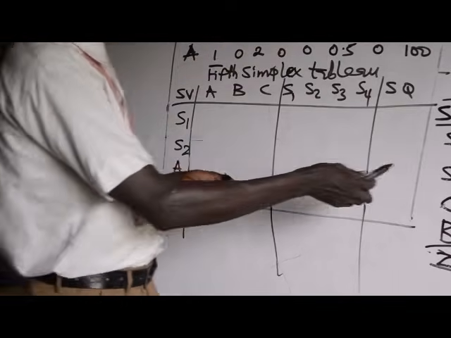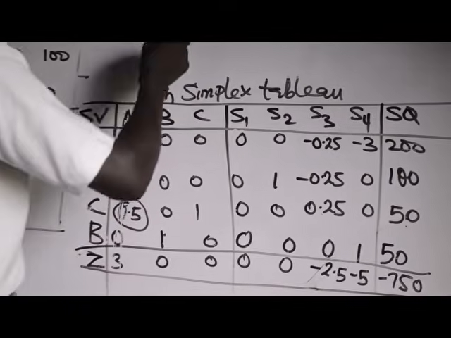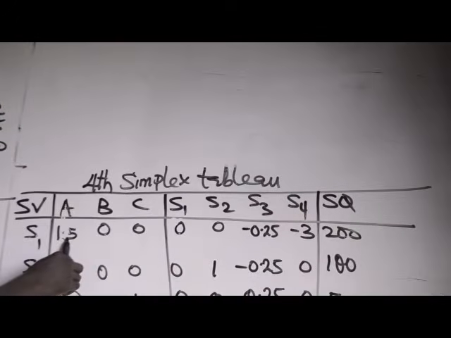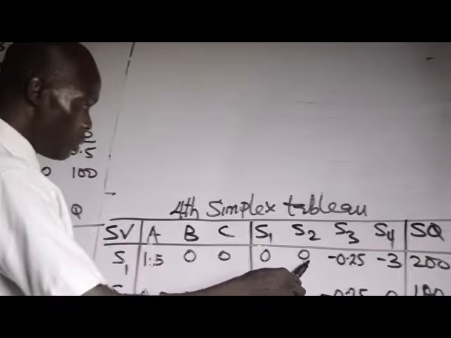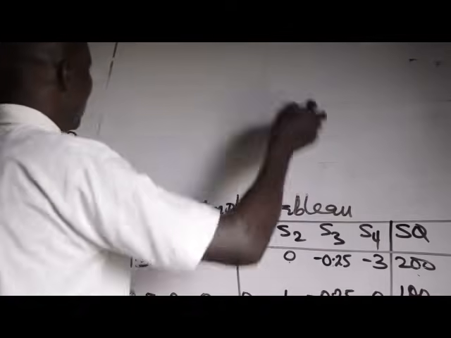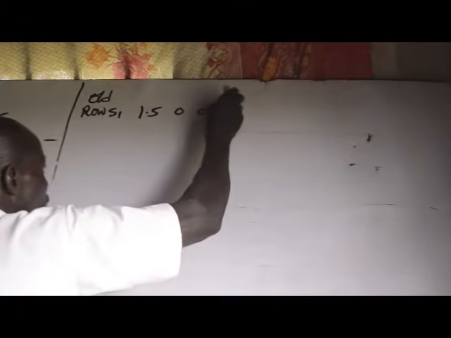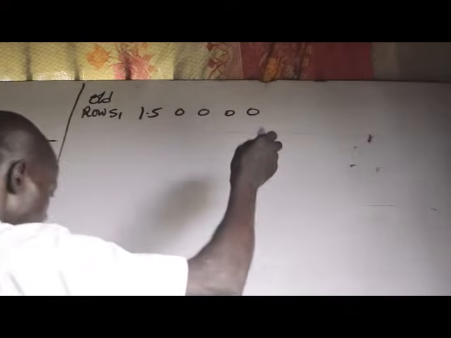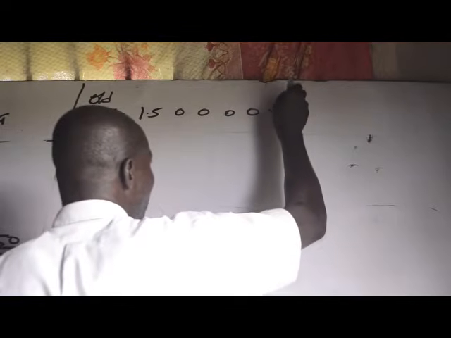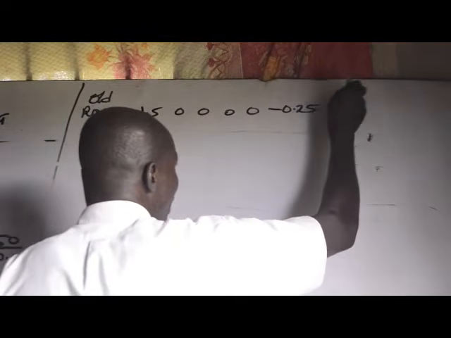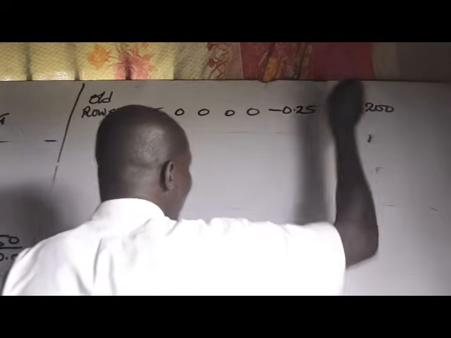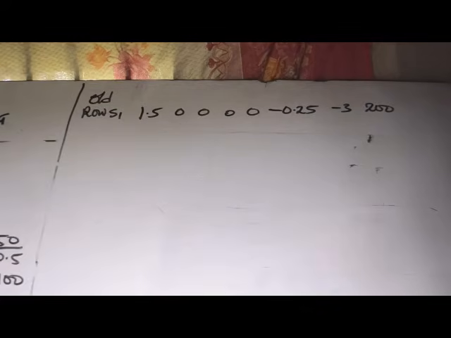Our S1, this is the old S1 row: 1.5, 0, 0, 0, 0, minus 0.25, minus 3, and 200. Then what is our pivot row?